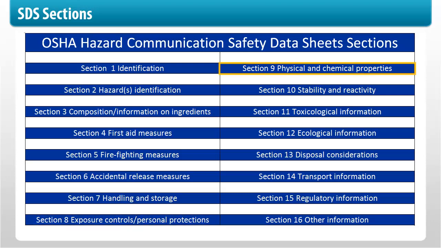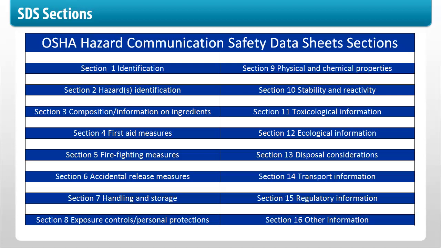Section 9, physical and chemical properties. Section 10, stability and reactivity. And Section 11, toxicological information. Sections 12 through 16 are not mandatory, but cover ecological information, disposal consideration, transport information, regulatory information, and Section 16, which covers other information.